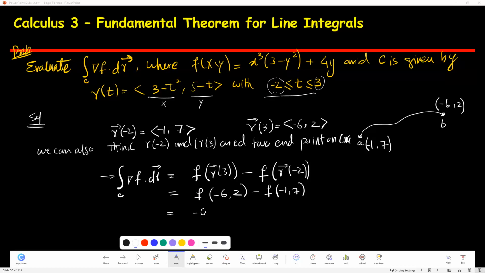So minus 6 cubed 3 minus 2 times 2 squared, minus, and I'm going to substitute minus 1, so minus 1 cubed 3 minus 7 squared. Okay, and if you solve these two, the answer is going to be 224 minus 74. The answer is 150.